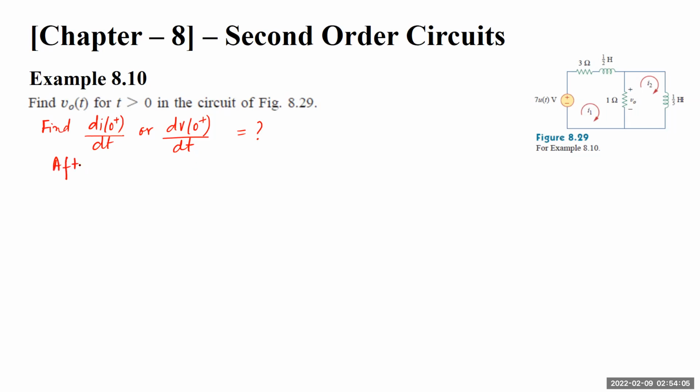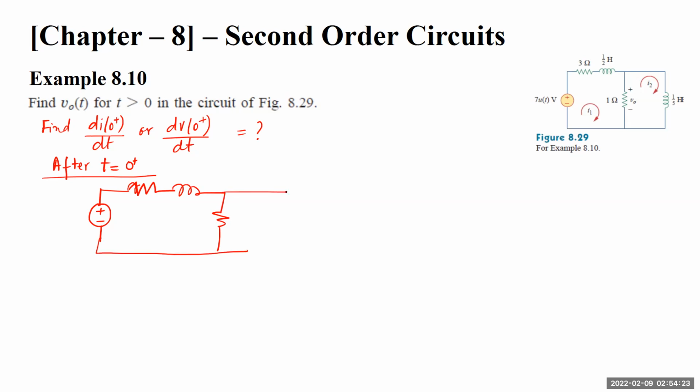The equivalent circuit at time t equals 0 positive, after the switching, will look something like this. This is 0.2 Henry, this is 0.5 Henry, this is plus minus V naught, 1 ohm, and this is 3 ohms.